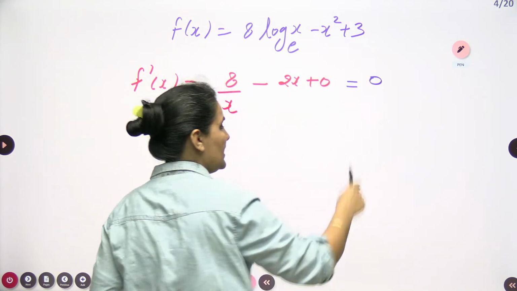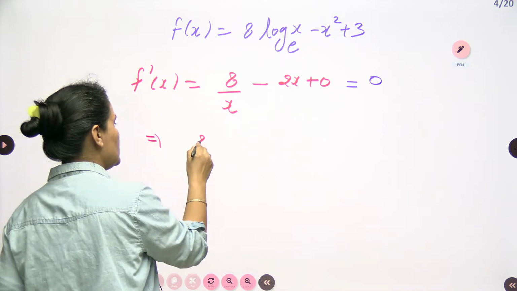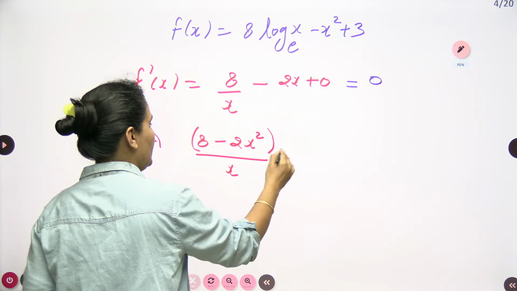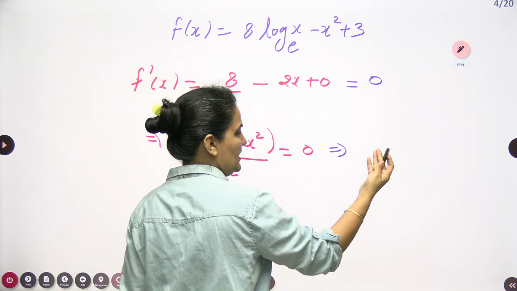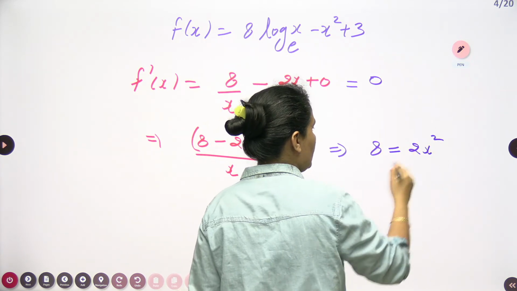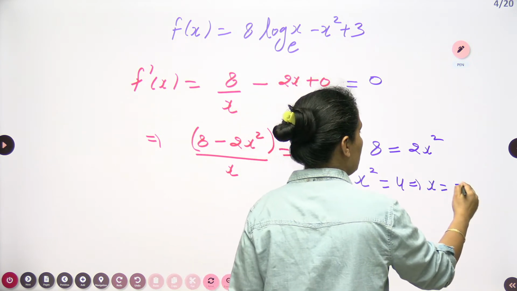Now we put it equal to 0 because we need to find the roots. So I have (8 minus 2x square) divided by x equals 0. The x is already gone, so 8 equals 2x square. You can write x square equals 4.